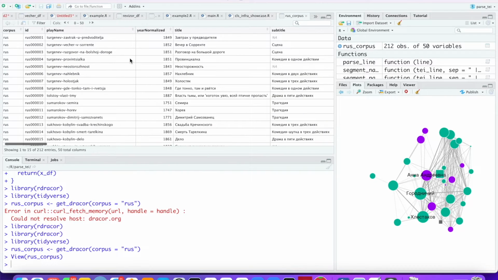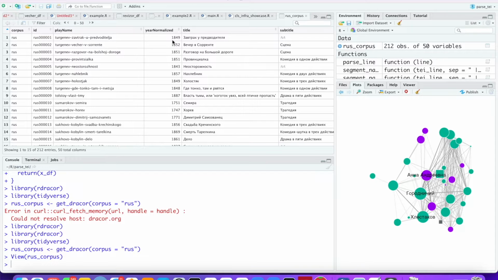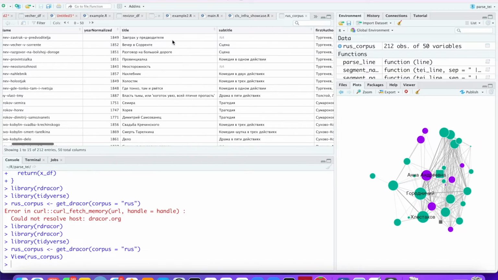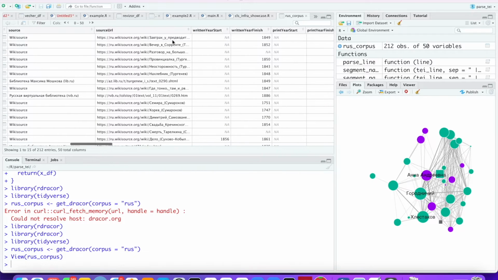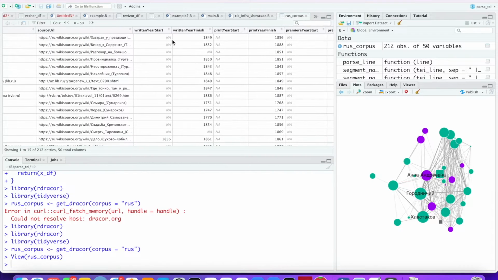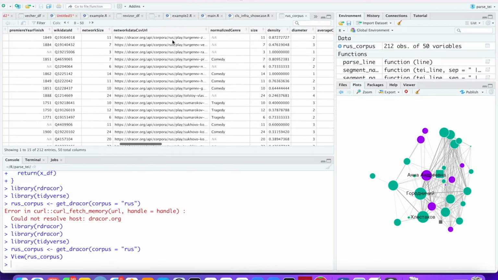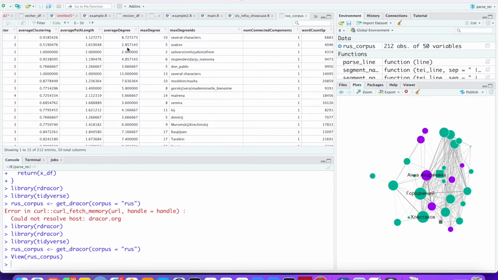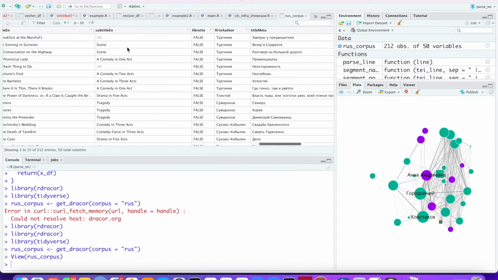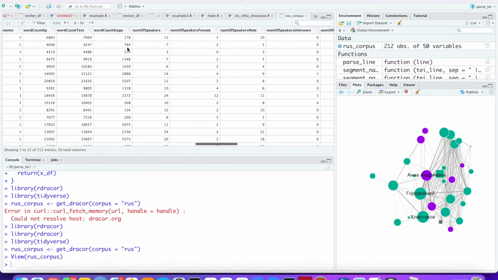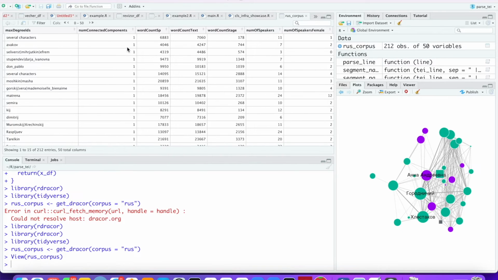So it is a data frame where one row is one play, and in different columns you have different metadata about when it was written, when it was printed, and so on, including some network data, number of words, number of lines.